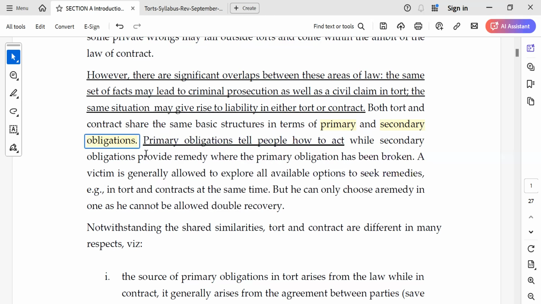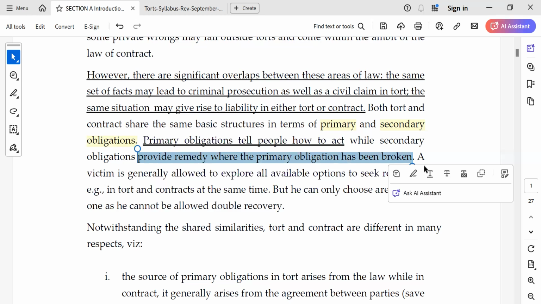Now I'll give an example. There is an understanding between me and another person that I will keep watering the plant.